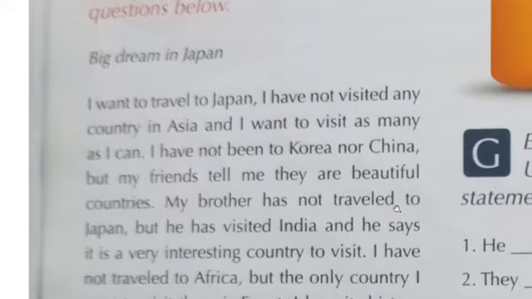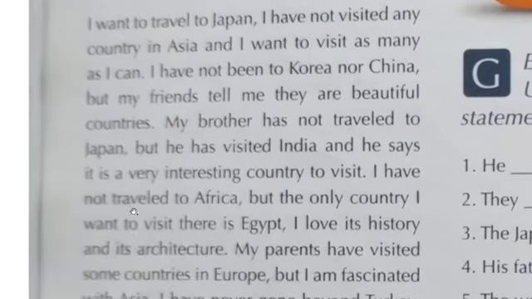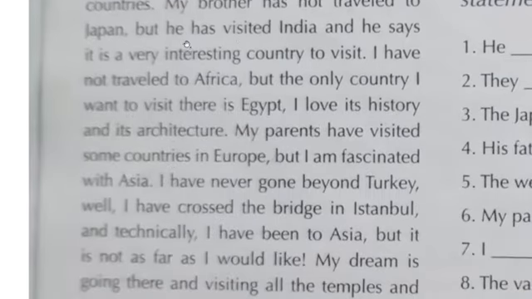My brother hasn't traveled to Japan, but he has visited India, and he says that it is a very interesting country to visit. I have not traveled to Africa, but the only country that I want to visit there is Egypt. I love its history and its architecture.